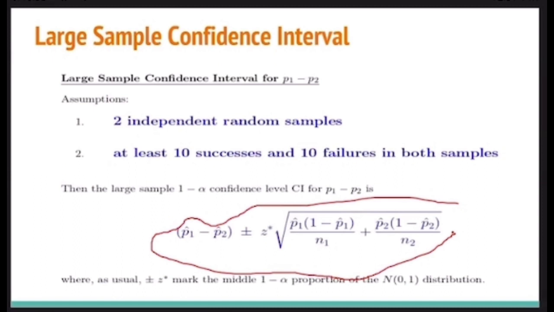N1 times 1 minus P cap 1 must be at least 10. N2 times P cap 2 must be at least 10. Then N2 times 1 minus P cap 2 must be at least 10. If there's a violation, you cannot proceed. That is a requirement. Does that make sense?